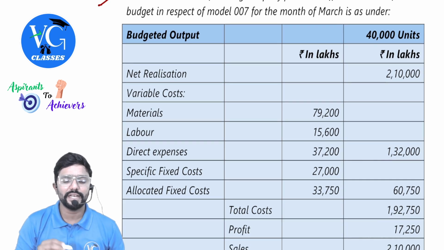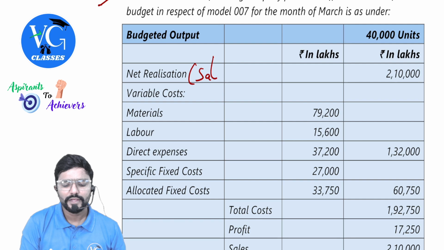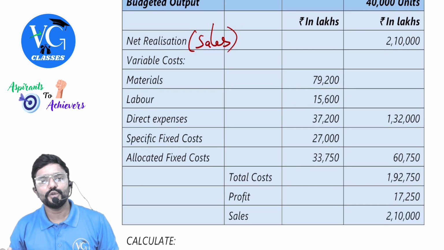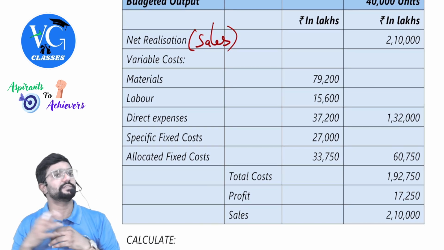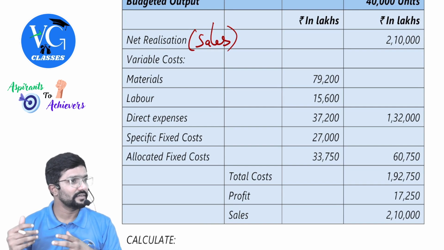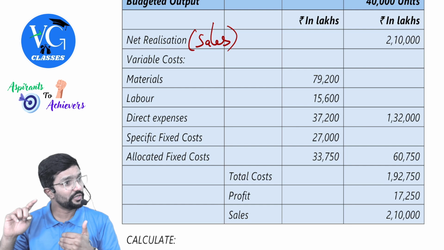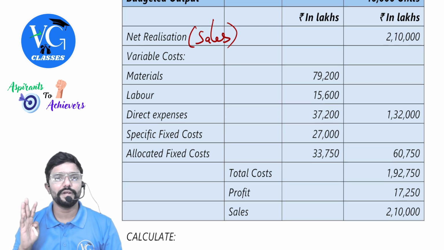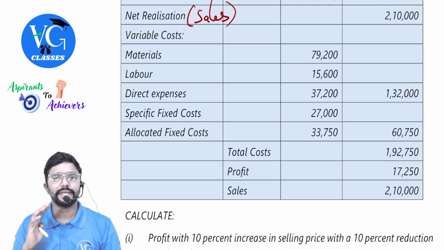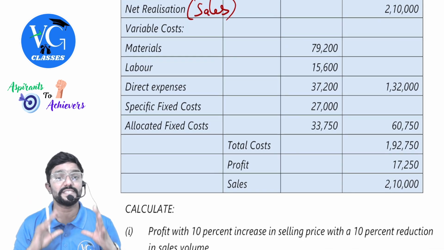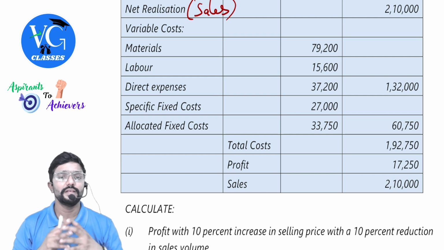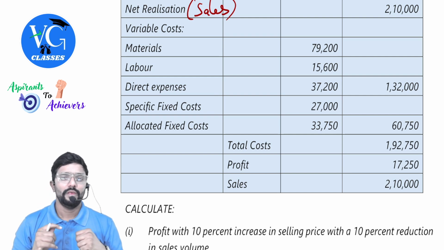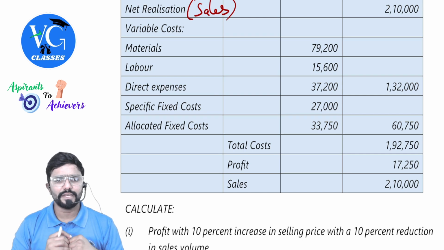Net realization. Net realization means what? Sales, 2 lakh 10,000 lakhs. Rupees in lakhs, so already 2 lakh 10,000 into what? Lakh. Variable cost 79,200, labor 15,600, direct expenses 37,200, specific fixed cost 27, allocated fixed cost 33,750.